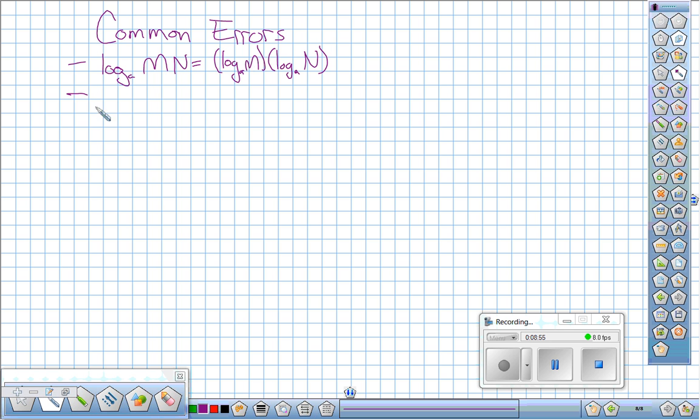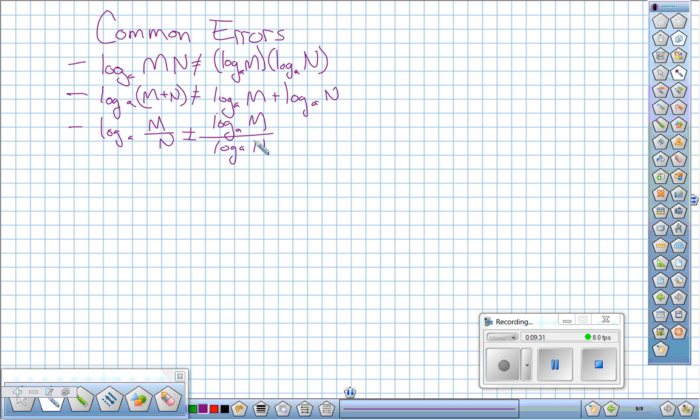The next one is saying the log of m plus n equals the log of am plus the log of an. These are really long to write out, I'm sorry about that. Log base a of m over n does not mean that I have log base a of m over log base a of n.